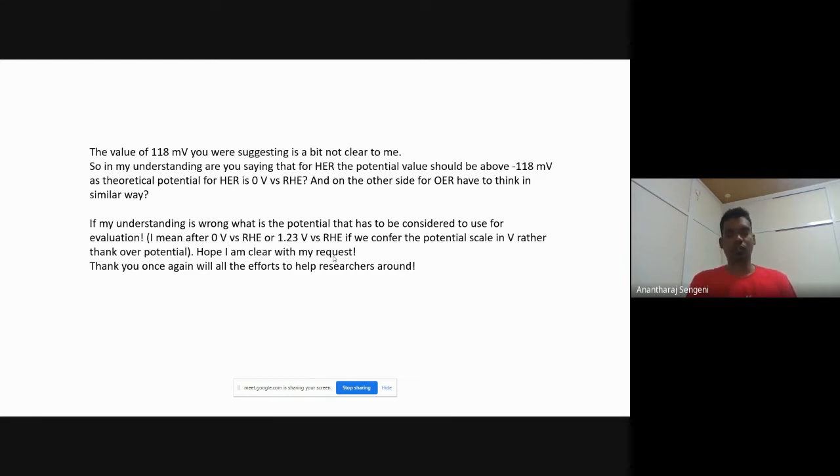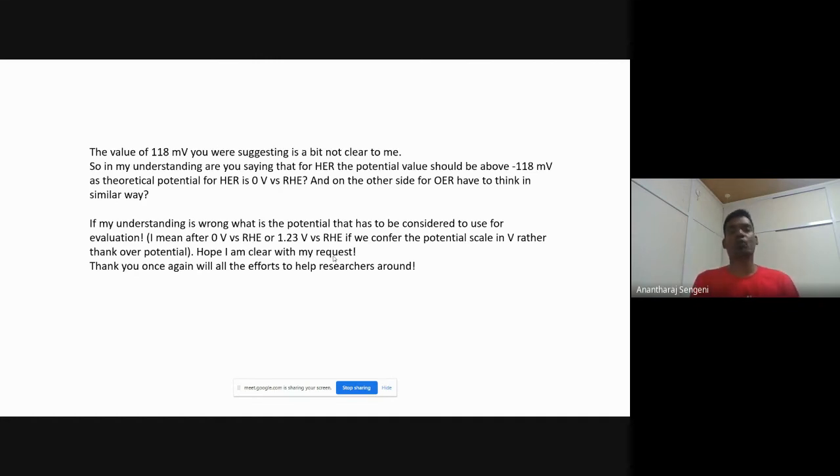Even though only one electron is transferred during electrochemical discharge, the electrons involved during the chemical desorption of hydrogen also have to be considered. That is why electrocatalysts following the Tafel mechanism have a lesser Tafel slope value than those following the Heyrovsky mechanism. Even though the number of electrons transferred in the electrochemical step is 1, the chemical step is adding some more electrons. So overall, we are getting a lower value of Tafel slope.